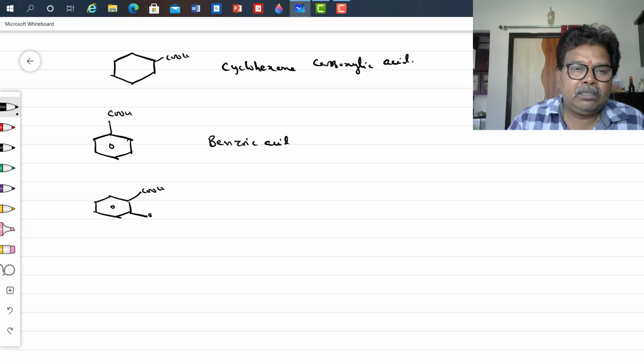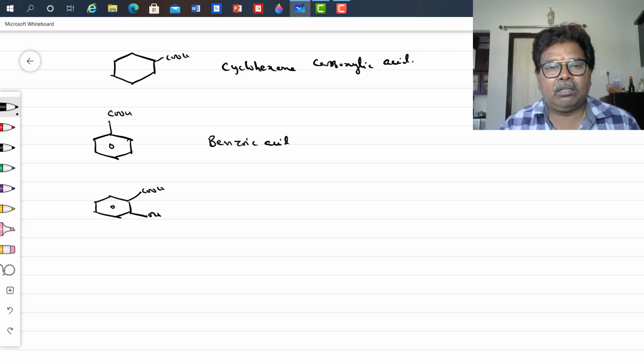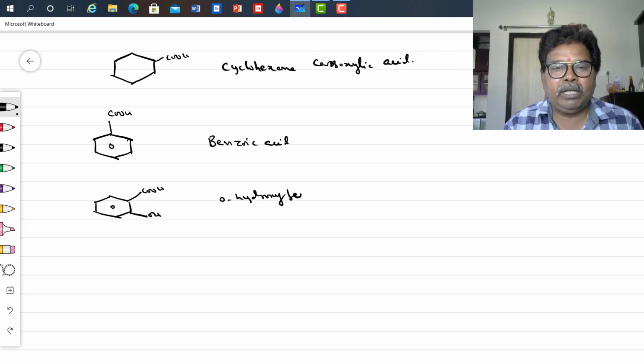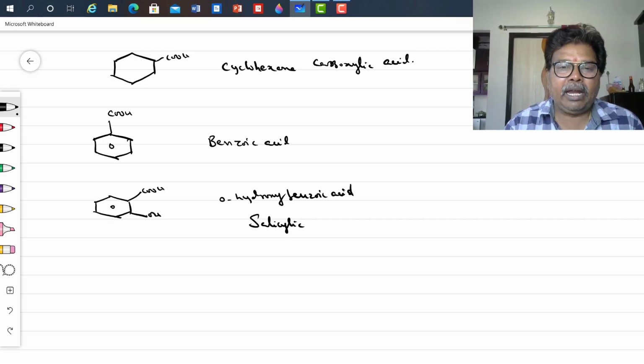This is ortho-hydroxy benzoic acid. But what is the important common name of this compound? It is called salicylic acid.